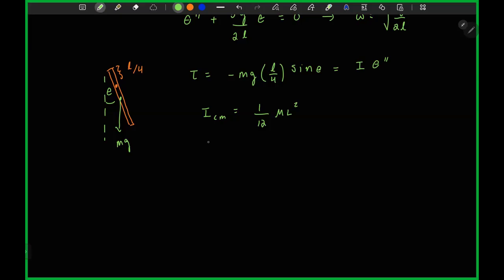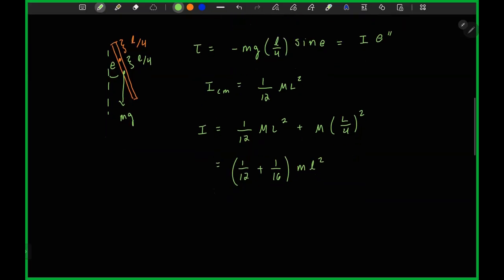But if we happen to remember the moment of inertia of the center of mass, we can use parallel axis theorem to say that I about our current pivot is the I of the center of mass, 1/12 ml squared, plus m times the distance between the center of mass and our axis of rotation, which is L over 4, so m times L over 4 squared. And sorry for switching between lowercase l and uppercase L there. But this ends up just being 1/12 plus 1/16 times m L squared. So that is our moment of inertia.